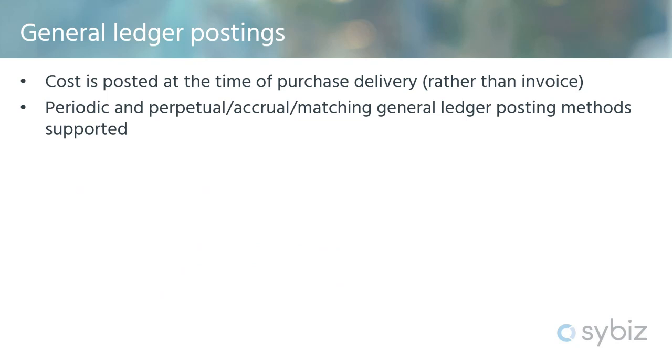And essentially the main difference there is that with the accrual method, nothing happens in the P&L until the sale occurs. So everything happens in the balance sheet, and then it's only when the sale occurs that you see activity in your profit and loss, with a couple of little exceptions, but generally that's the case.